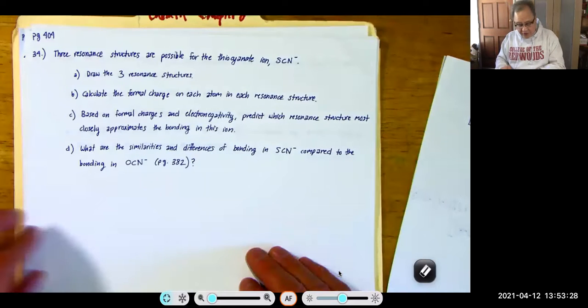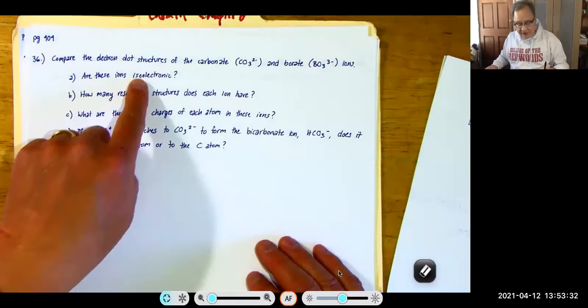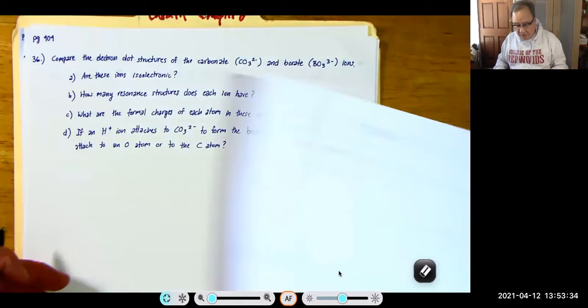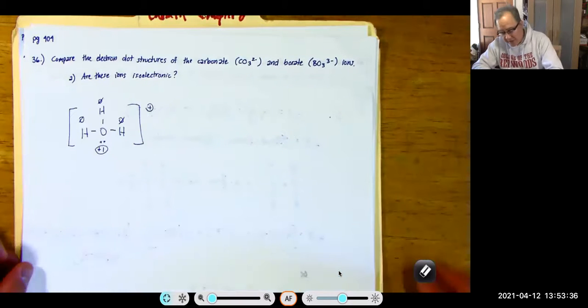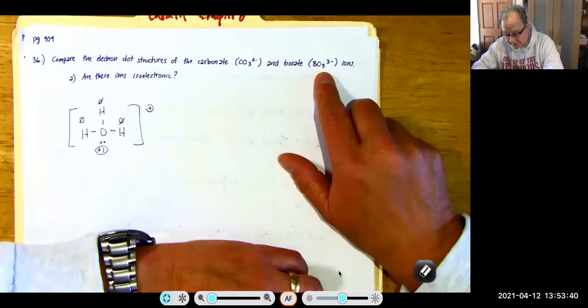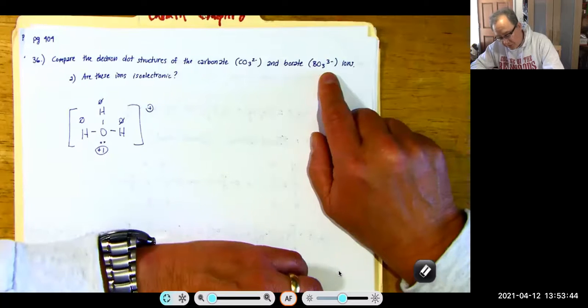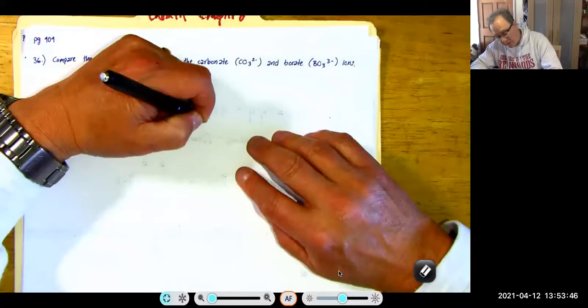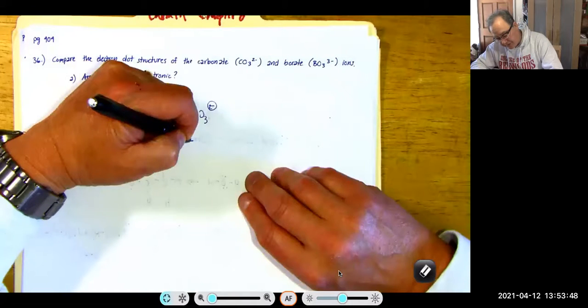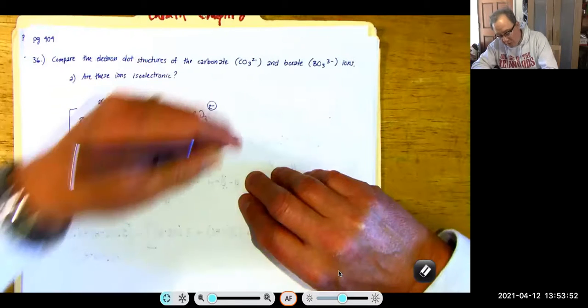So resonance structures, we've done that. Isoelectronic. What does isoelectronic mean? Well, let's take a look at these two compounds, CO3 2- and BO3 3-. So CO3 2- has 4 electrons plus 3 times 6 plus 2 for a total of 24 electrons.